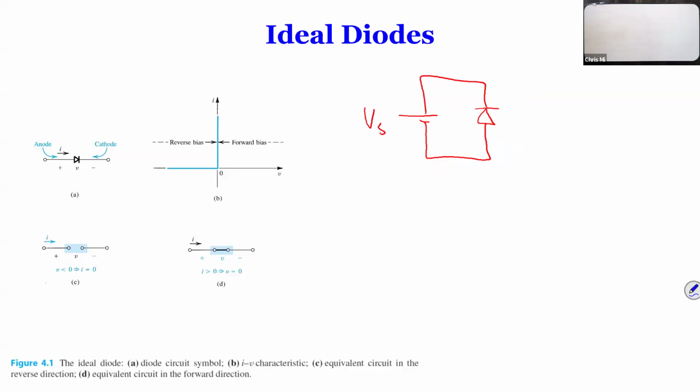So this is Vs. The reason we draw this is because we said that Vd is 0 when it's conducting, but now it's not conducting. So how much will this Vd be? It will be negative Vs, right?